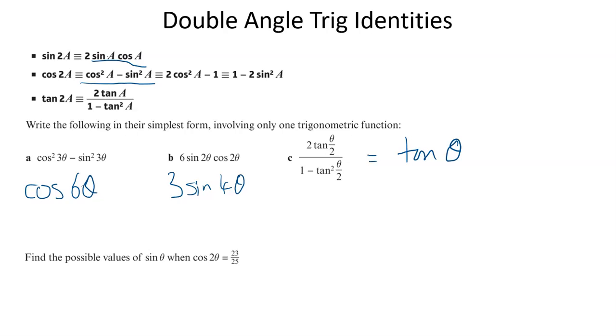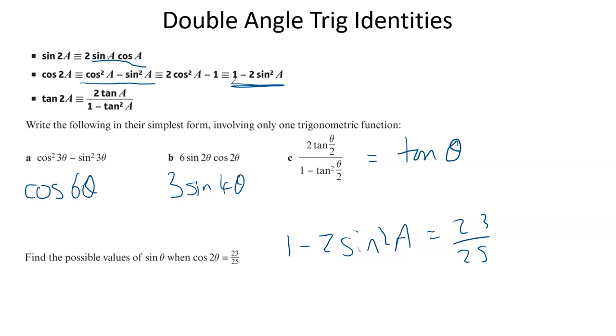So cos of 2 theta. Well, this looks like this, doesn't it? So we could rewrite this. Now I just want it with sine. So let's rewrite it with this guy and say that cos of 2 theta equals this. Well, then 1 minus 2 sine squared of A equals 23 over 25. That seems fair.